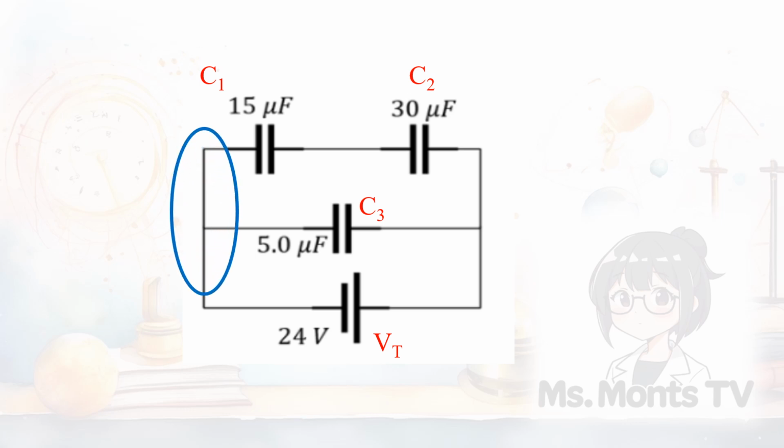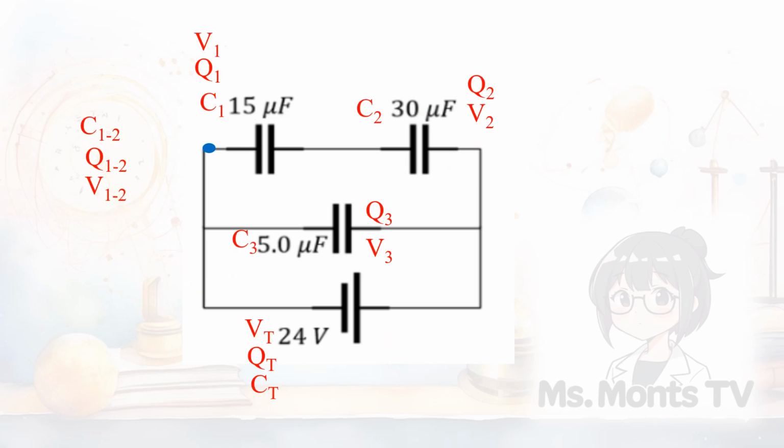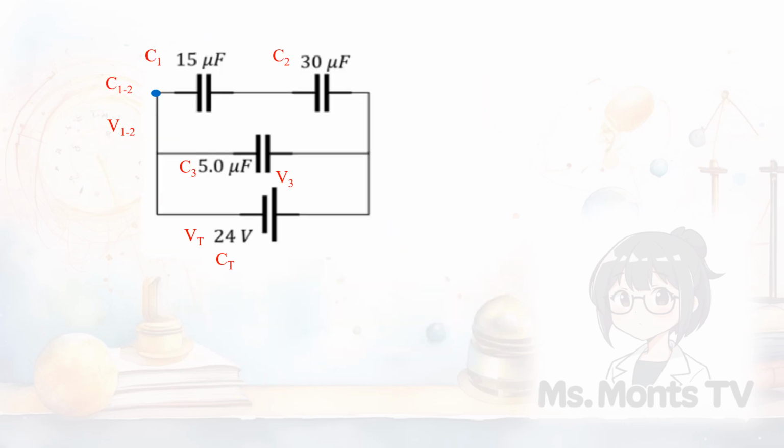Remember, you have to identify the connection. This one is in parallel. And this one, C1 and C2 are in series. Remember, we have to identify it before solving anything. So from this figure, we'll look for V3, V12, C12, and C total.